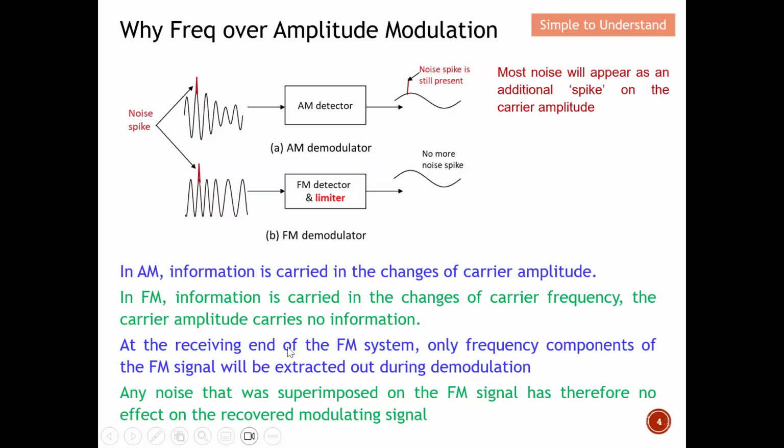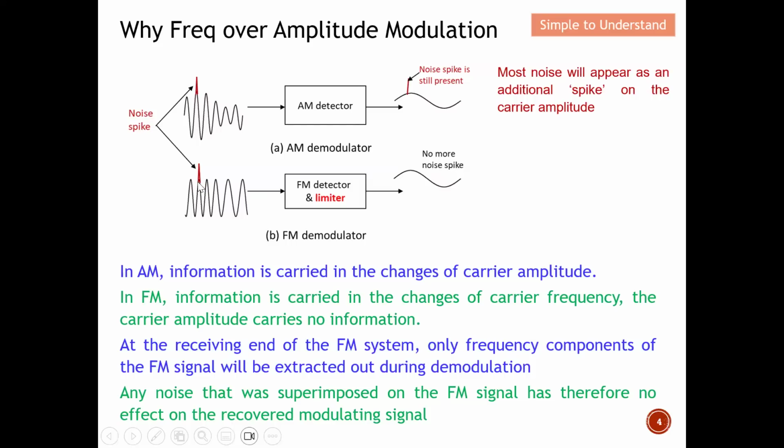At the receiving end of the FM system, only the frequency component of the FM will be extracted during demodulation. So any noise imposed onto the FM signal will not have any effect on the recovered modulating signal, because all the information only exists in the frequency.